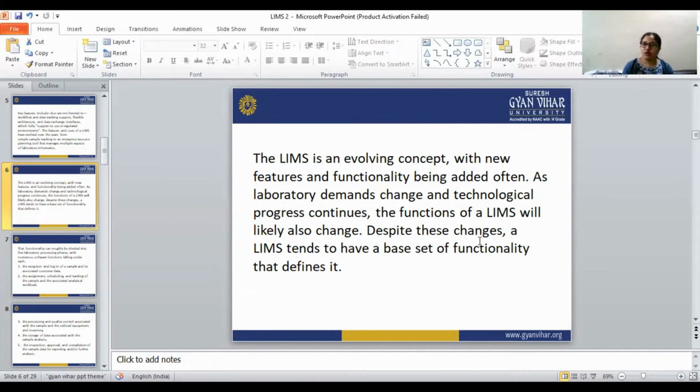There are lots of things coming into the LIMS.